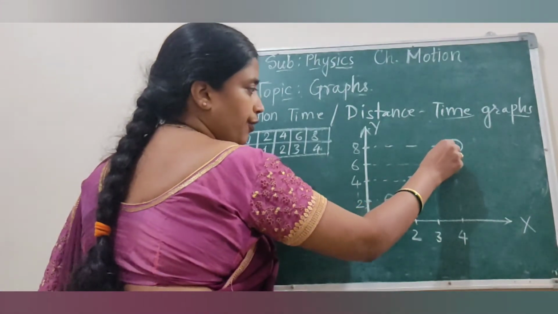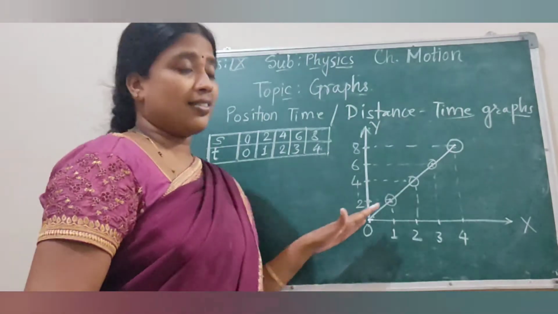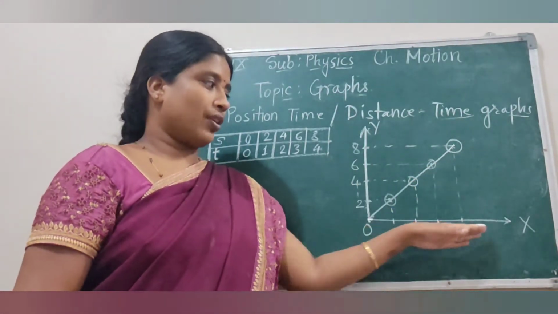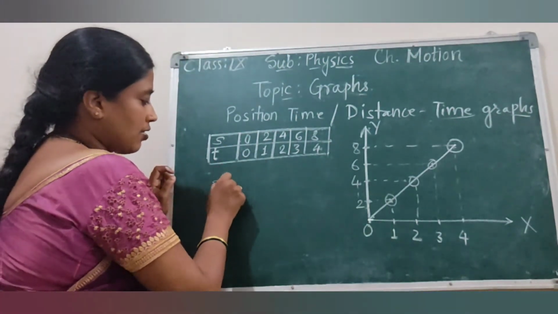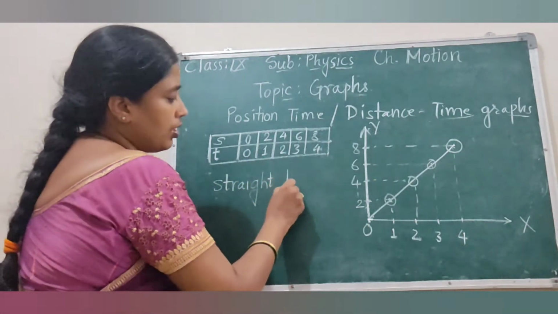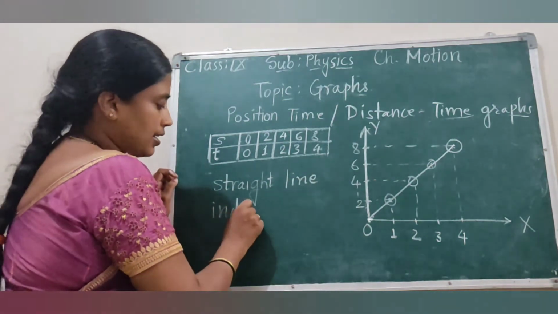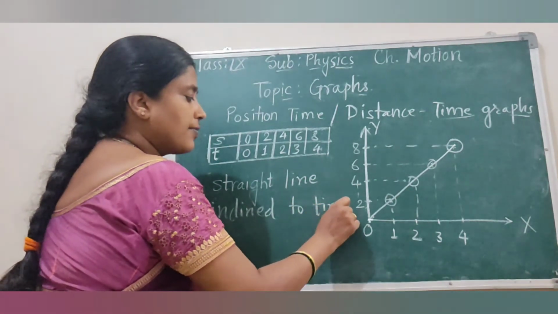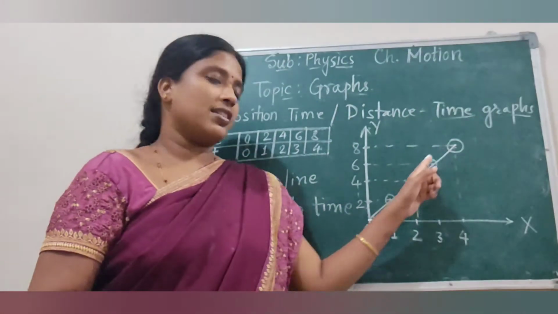Now if you join these points, you will get a straight line inclined to the time axis. Okay, it is inclined to time axis. So when you get a straight line inclined to time axis, what does it mean?